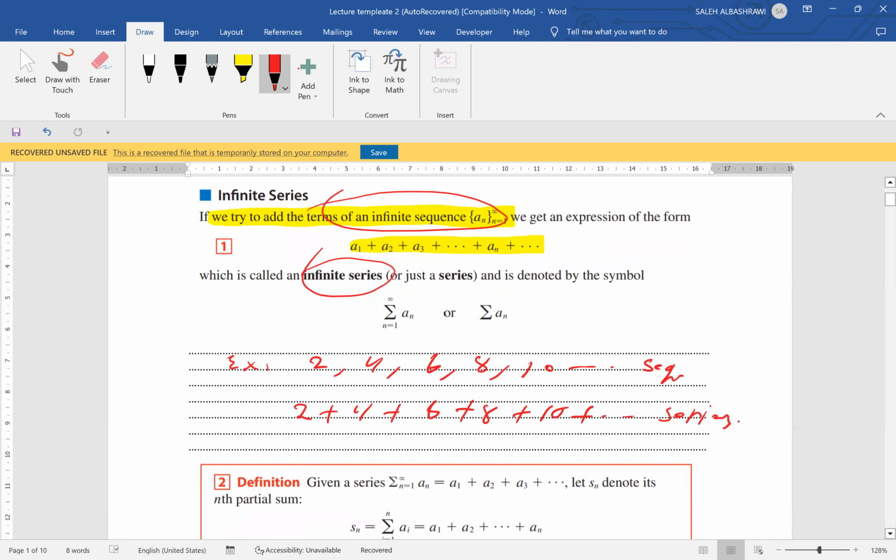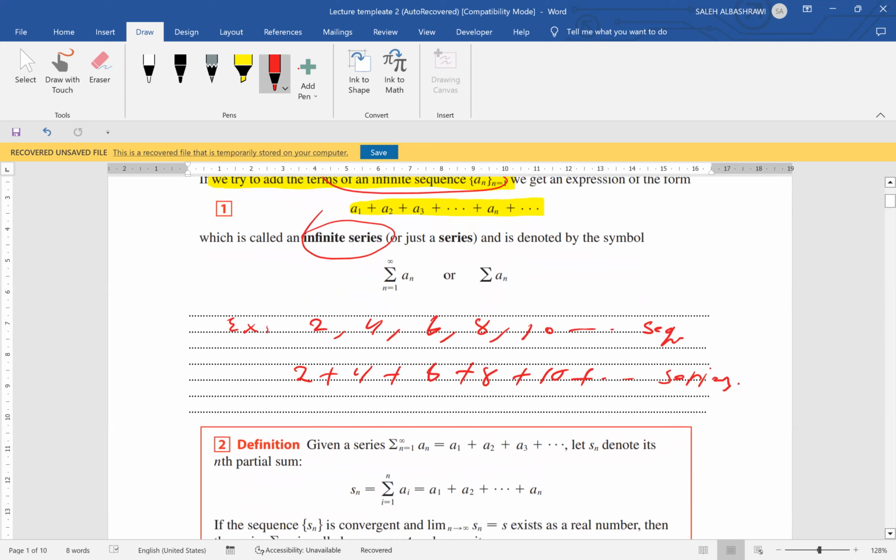And as we did before for the sequence, in which we spoke about the convergence and divergence of the sequence, we can do the same thing for the series. The series sometimes can be convergent, sometimes it can be divergent. And to test whether the series is convergent or divergent, we need to speak about something called the partial sum.